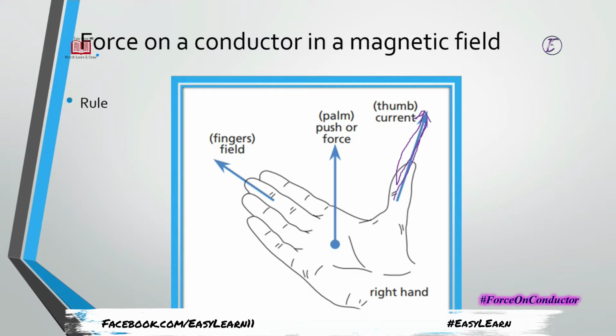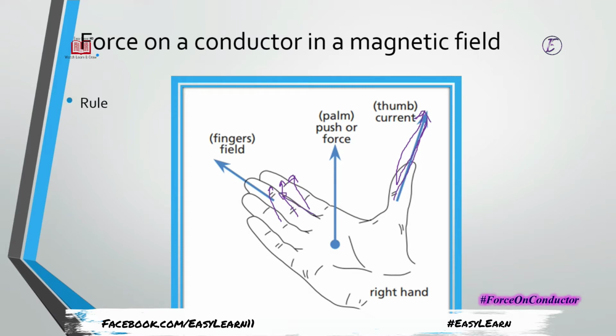Although the fingers can be tilted, and for example, this is the magnetic field, you can change the fingers, but in the ideal case, whatever the direction of the field, you just move your hand but do not tilt your fingers.